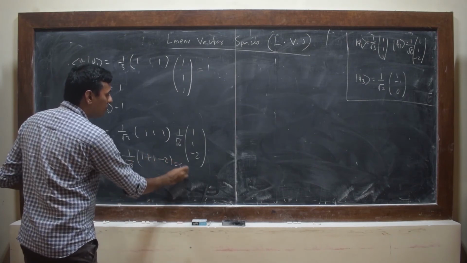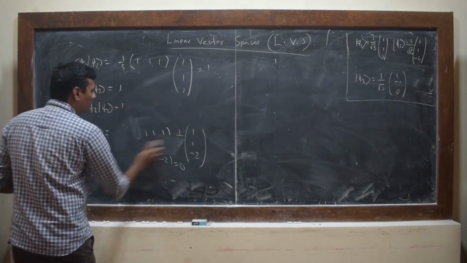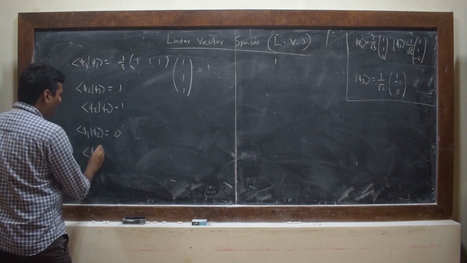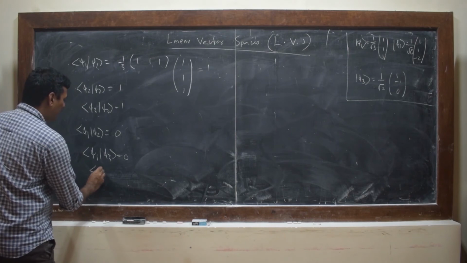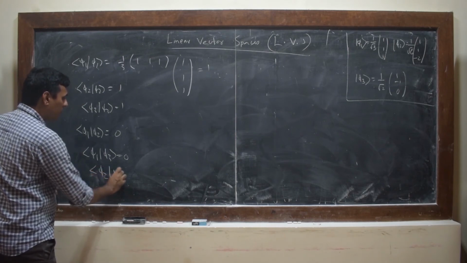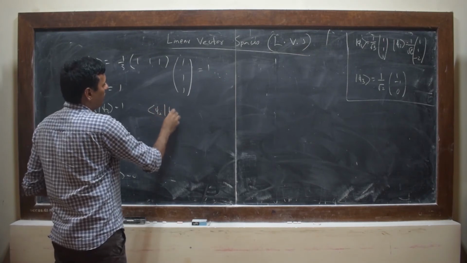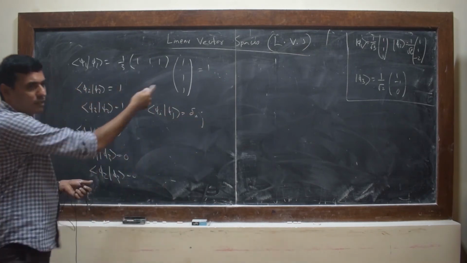So, that will be 0. Okay. So, your phi 1, phi 2 is 0. Similarly, you can say phi 1, phi 3 is also 0. Okay. And phi 2, phi 3 is 0. So, you can immediately get phi i, phi j equal to delta i j. When i equals j, you will get 1, otherwise you will get 0.